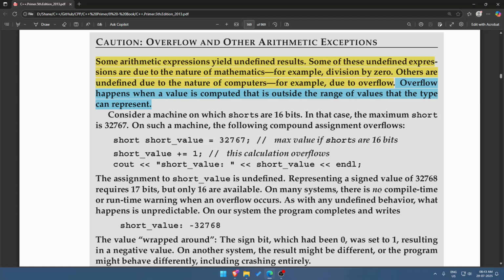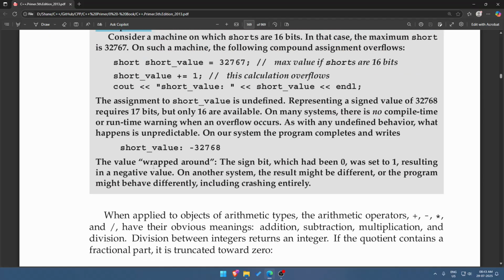On many systems, there is no compile time or runtime warning when an overflow occurs. As with any undefined behavior, what happens is unpredictable. On our system, the program completes and writes this. The value wrapped around: the sign bit, which had been 0, was set to 1, resulting in a negative value. On other systems, the result might be different or the program might behave differently, including crashing entirely.